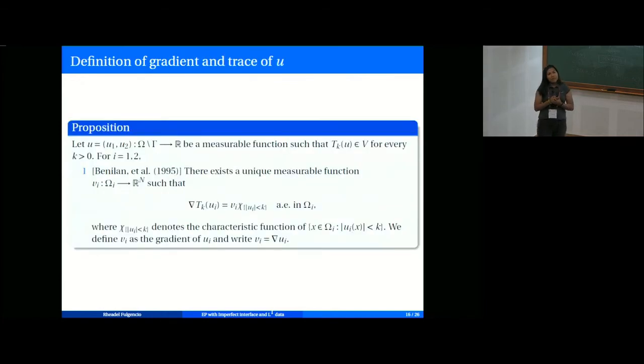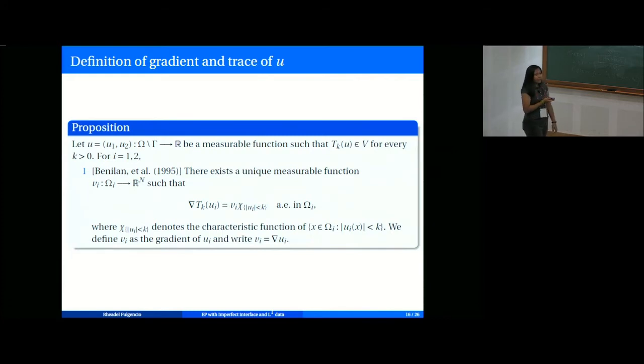For the definition of the gradient and trace, we have the following proposition. If we have a measurable function Ui where the truncation Tk of Ui is in V, then by Benilan et al., we can find a unique Vi such that the gradient of Tk of Ui is equal to Vi times the characteristic function of the set where the absolute value of Ui is less than k. And this unique function Vi will be our gradient of Ui.